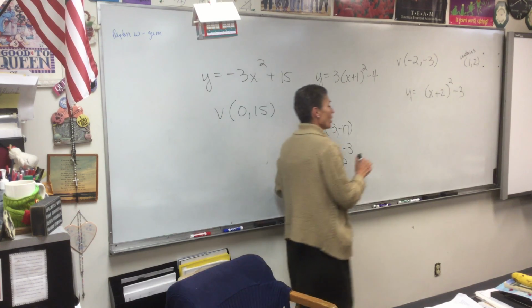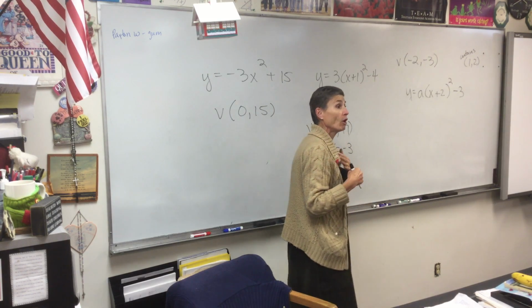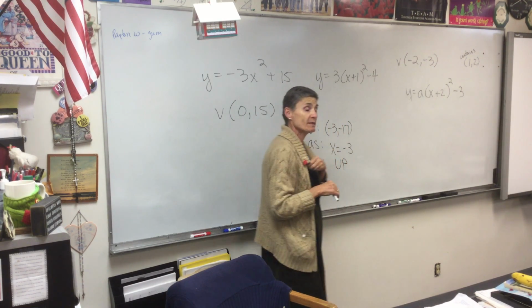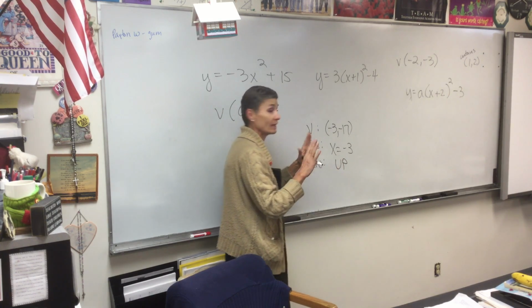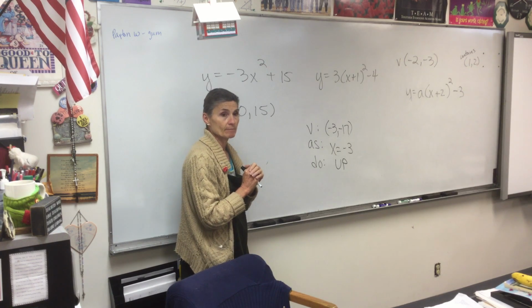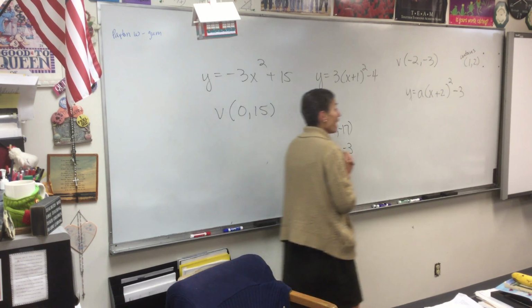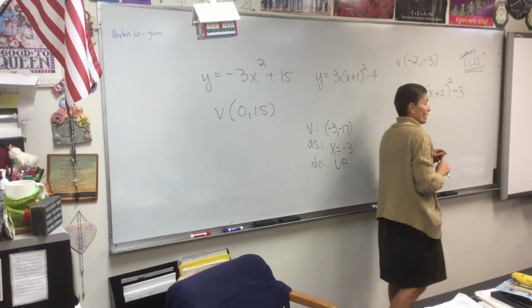so the only thing I don't know is this coefficient. Now, I can call it A. I've been calling it N. So if you watch some of the other videos, I've been calling it N. But if you want to call it A, we can call it anything you want. That coefficient is missing. I can find that coefficient by using this other point.